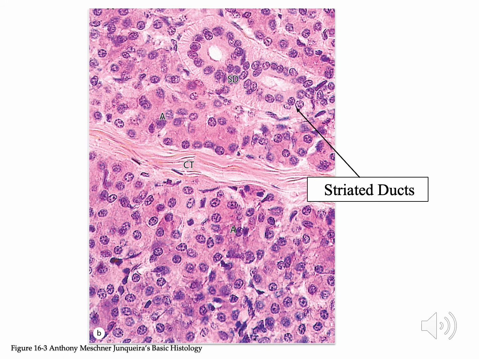And bringing back a portion of figure 16-3 from your textbook, this is a great image of multiple serous acini with a striated duct sitting amongst them. You can easily appreciate the infoldings on the basolateral membrane of the striated duct cells, giving rise to that sort of hairy-like appearance.